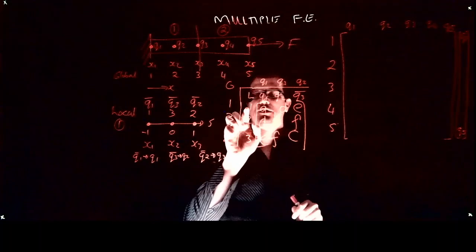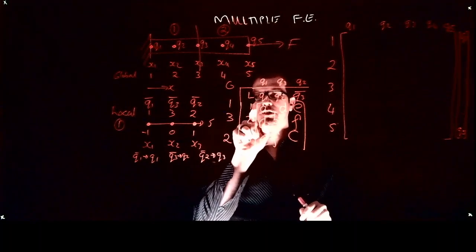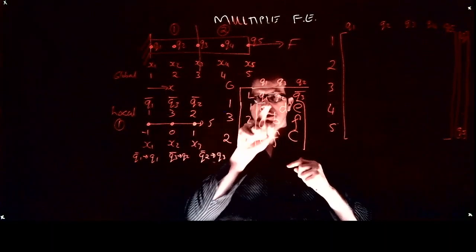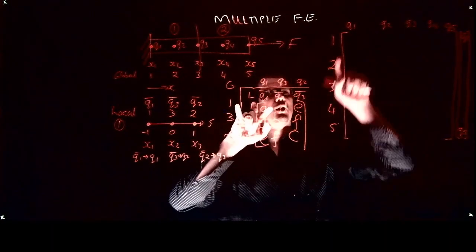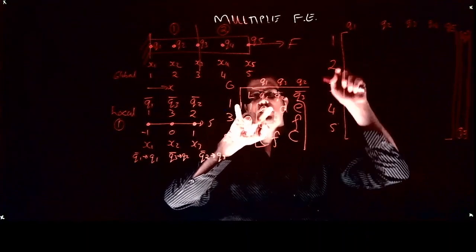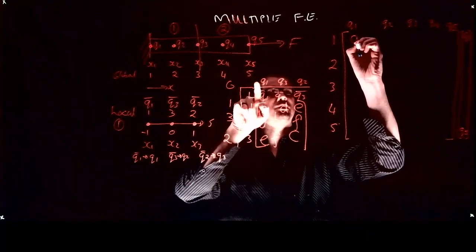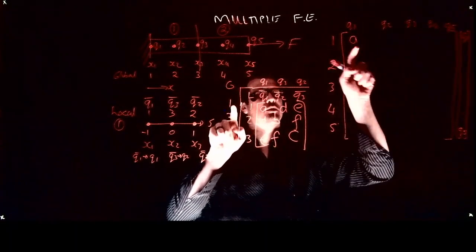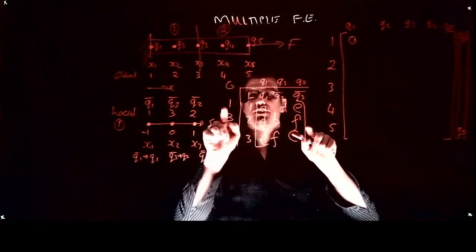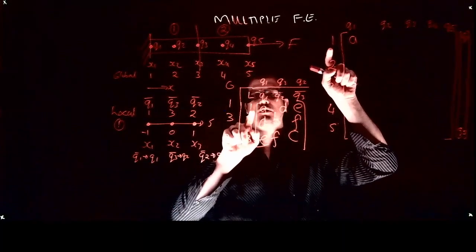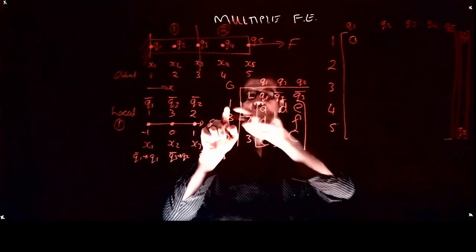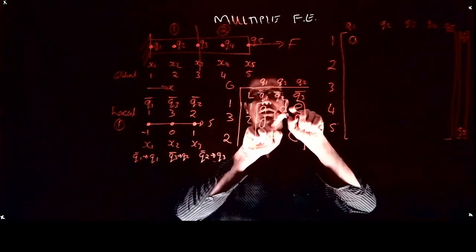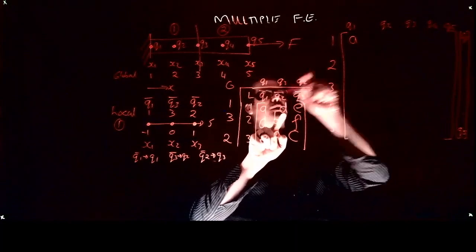So what I can say is that the first local force equilibrium at node 1 associated with Q1 must go into the global force balance at 1 associated with Q1. So that's where the A must go in. If I look at this one, this local 1 will remain in global 1, but Q2 bar, so this D, must go into the Q3 position in global 1.